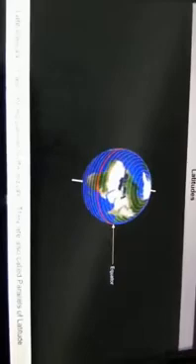Latitudes are circles running parallel to the equator. They are also called parallels of latitude. The equator is the central latitude and it is also called the Great Circle, while all other latitudes are called small circles. They become smaller and smaller as we move towards the poles. The pole or 90 degrees latitude becomes a point.